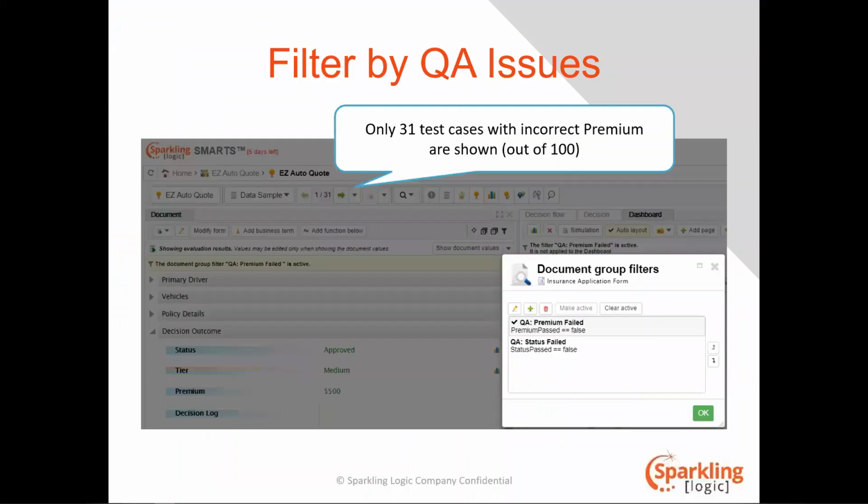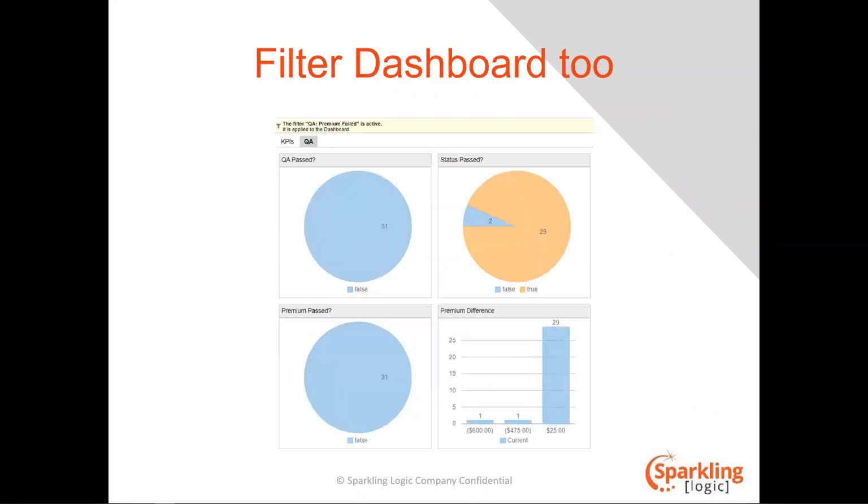So fairly straightforward process to solve your problems. First of all, it's identifying the problems and then going across all of your reports and the information to be able to fix the rules.